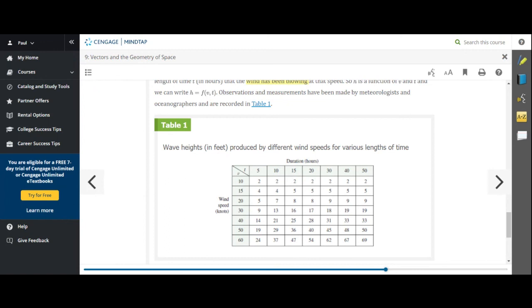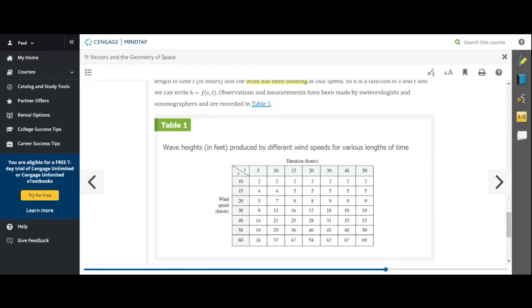Let's say you have two instances: a 5 hour wind where the wind is 50 knots, and a 5 hour wind where the wind is 60 knots. Which is going to produce larger wave heights? The 60 knots. Yeah, thank you, Ryan.